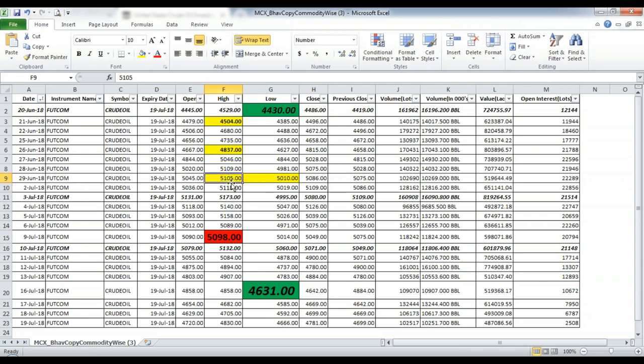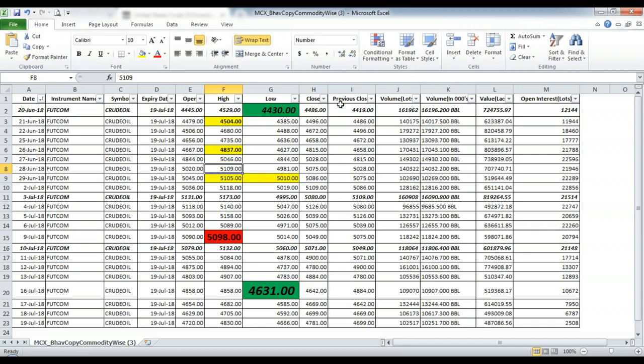So, 5105 and the high just before this is this one, and the low just before this is this one, right? So everything is trying to go up, right?